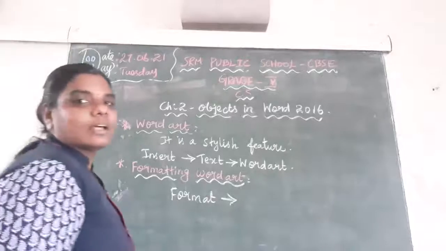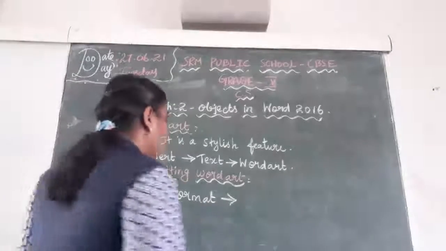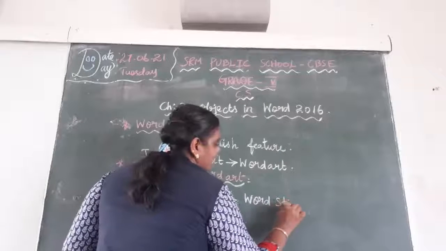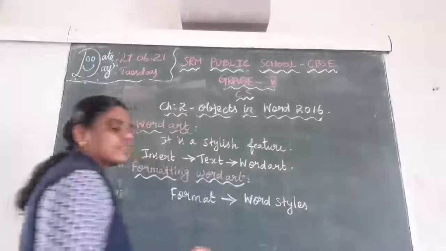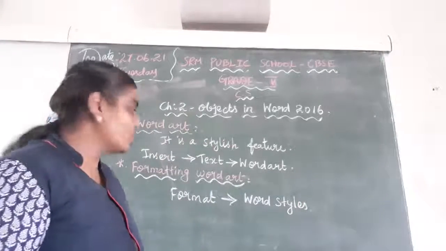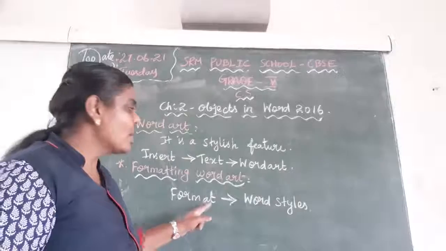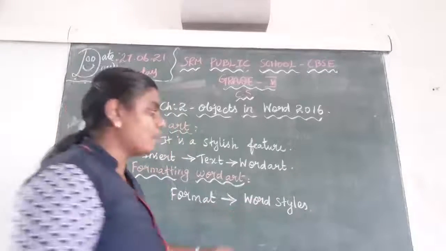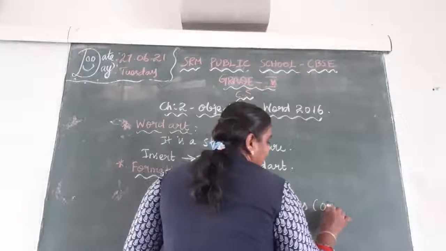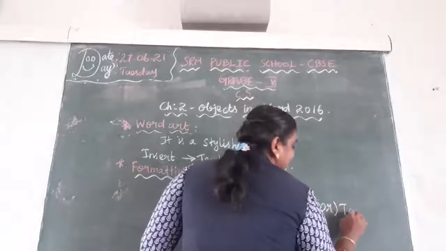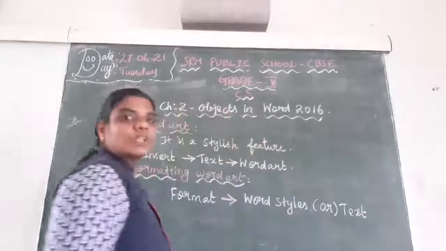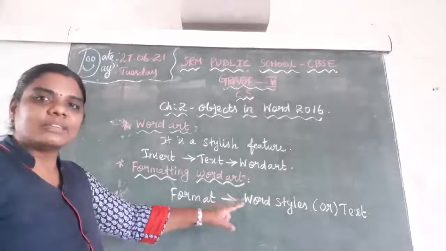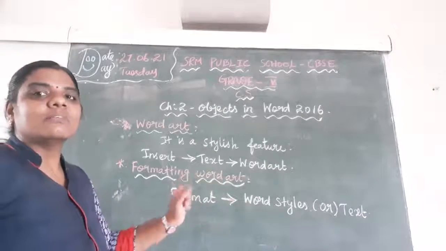In this tab we can go to word art styles group, or it is also called text group. By using this group only we can format the word art.